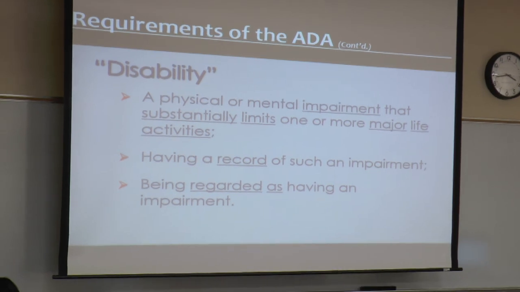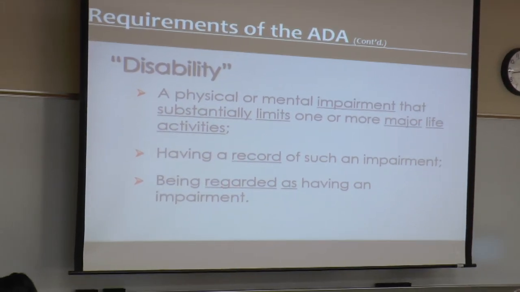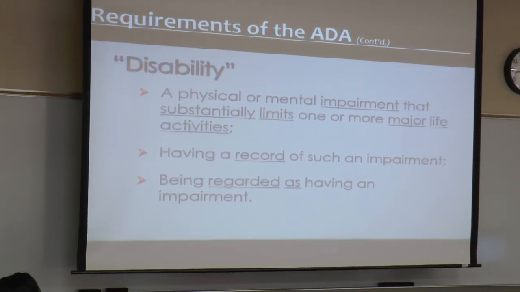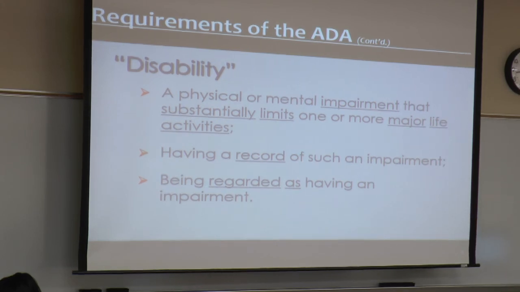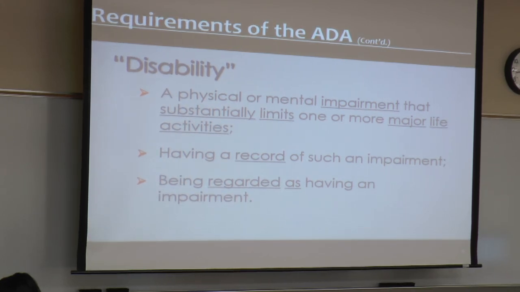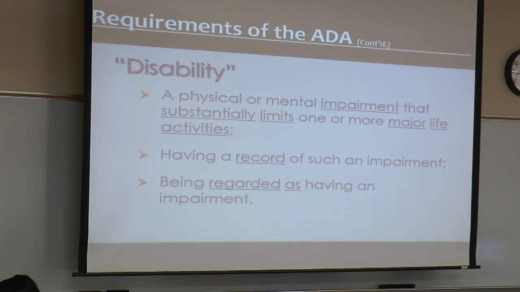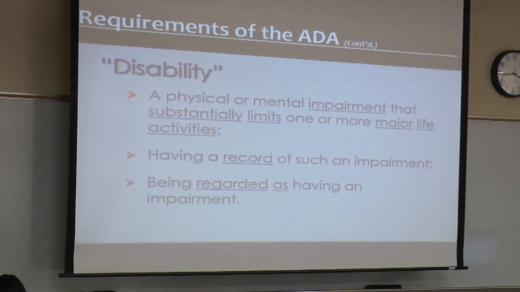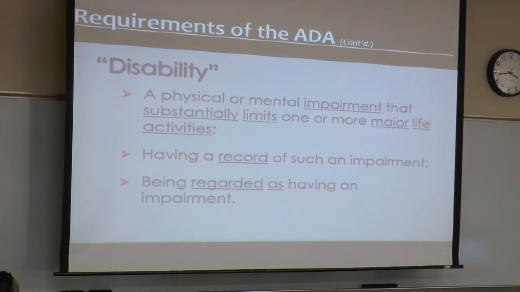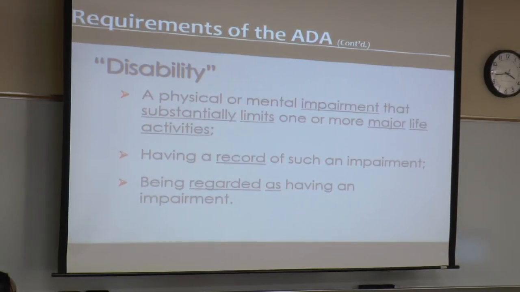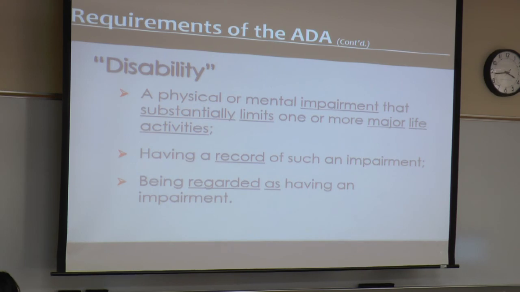First, we need to talk a little bit about what is a disability. So the definition of disability under the ADA is a physical or mental impairment that substantially limits a major life activity. That's the person themselves being disabled, and we're going to talk about what those individual pieces mean.